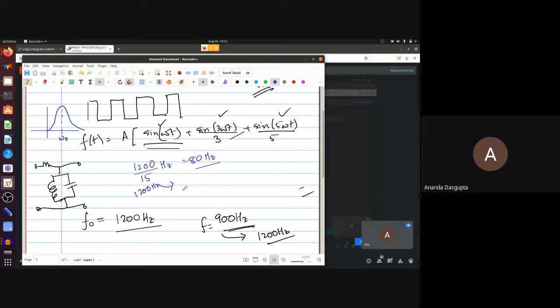Actually, it's not the 15th in this. It's actually only the 8th. But anyway, it's the 15th harmonic, counting all the missing ones as well.